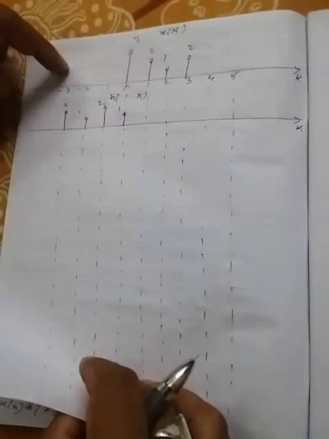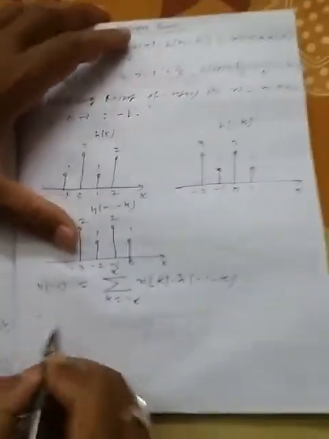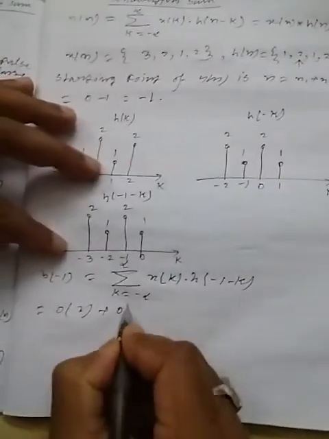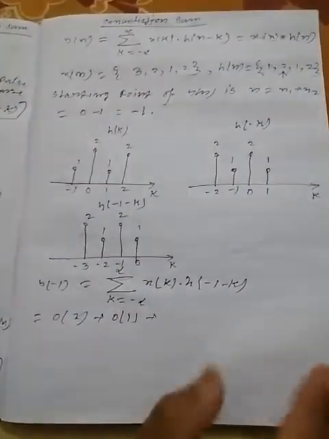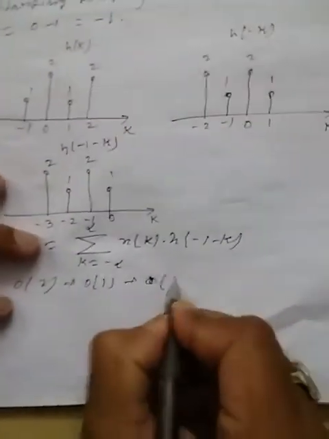Okay, so here is the value 0 and here is 2. So 0 is multiplied with 2. So 0 into 2 plus, here is the sample value 0 and this is 1. So 0 into 1 plus again 0 into 2, right?